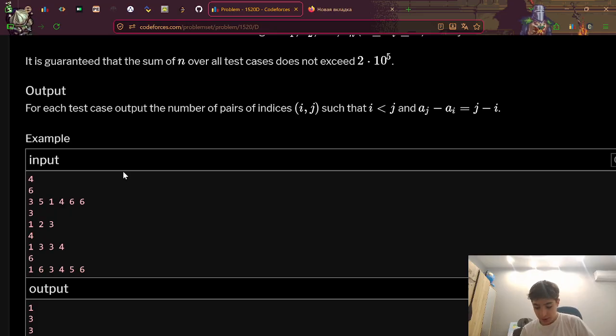So 6, 6, 6. Now 6 minus 5 is 1, and 6 minus 6 is 0. So mainly we get the array 2, 4, minus 2, 0, 1, 0. And there I need to count elements that are equal to each other. That is all that I need to do.